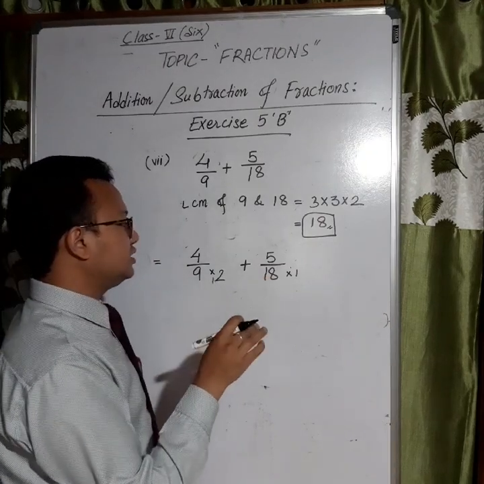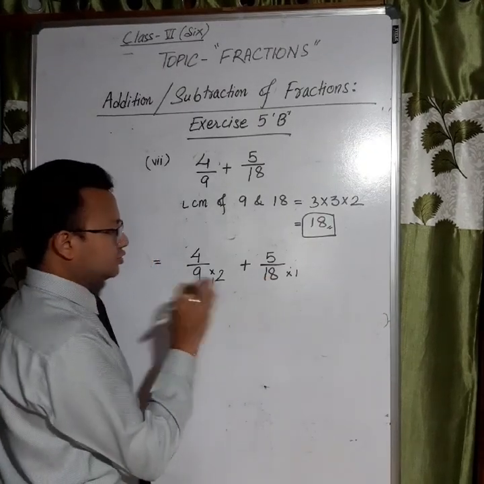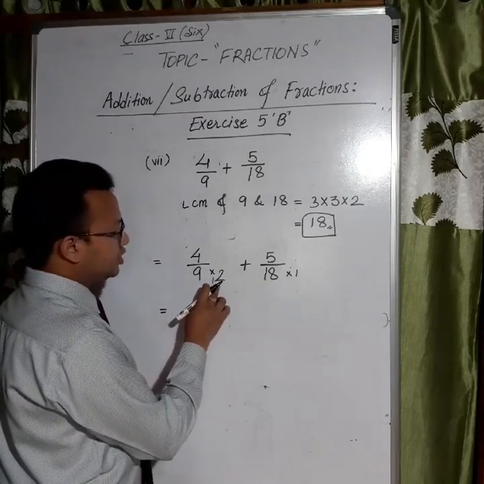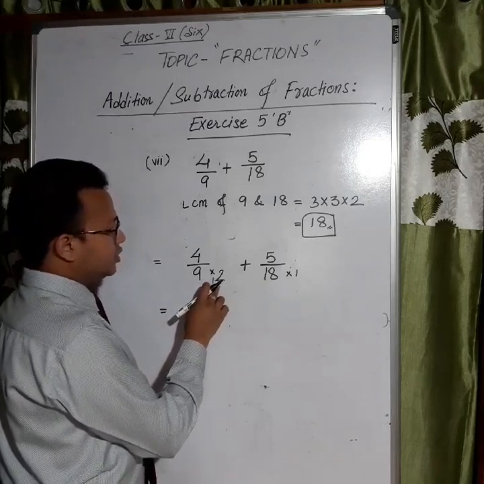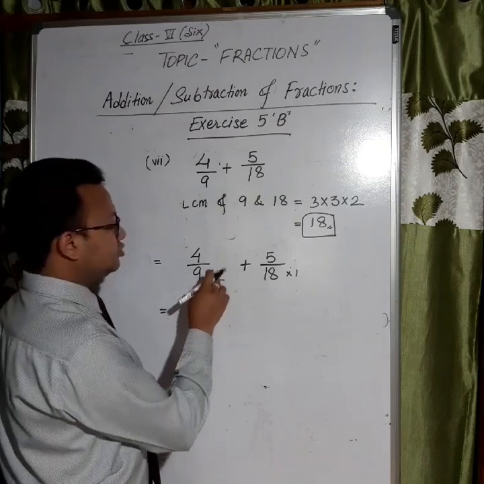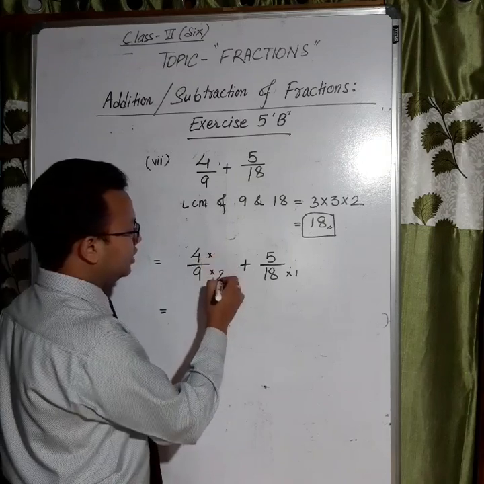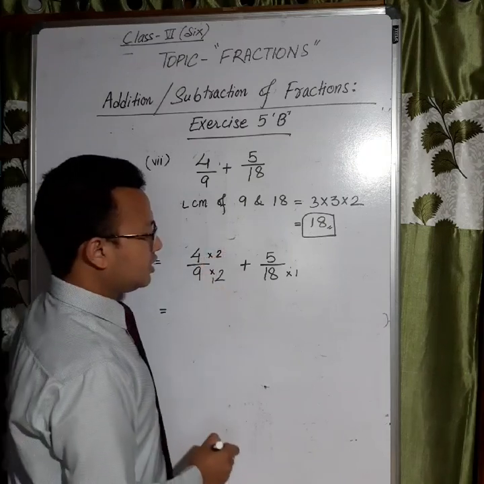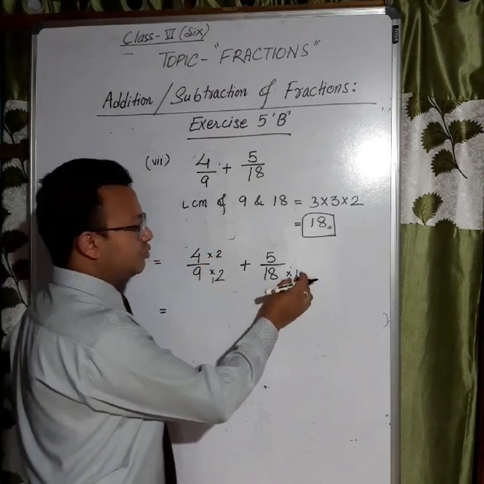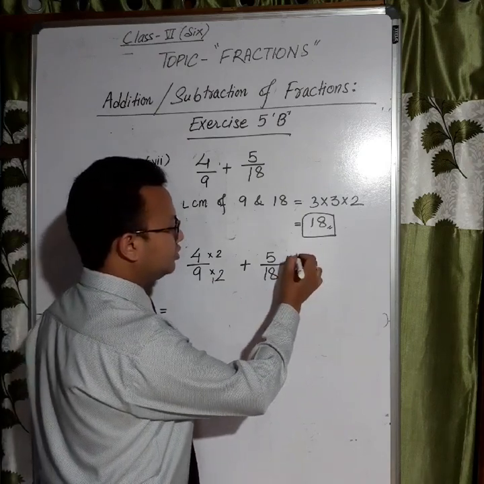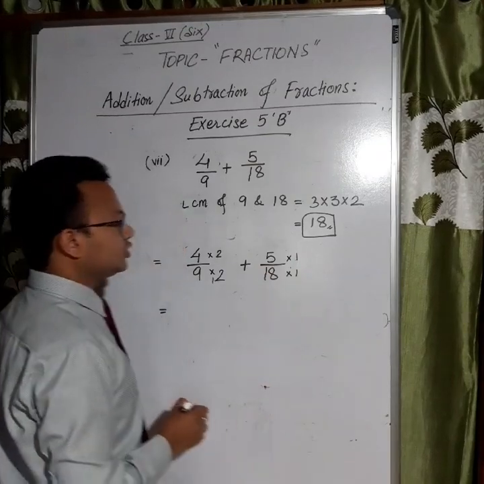The next rule is the simplest rule. You just need to think it. Since you have multiplied this denominator by 2, you are going to multiply this numerator by the same number, that is 2. And here, since you have multiplied by 1, you multiply the numerator also by 1.